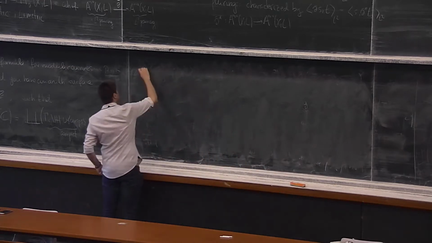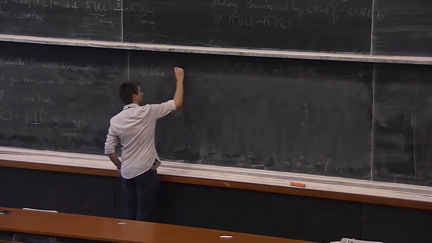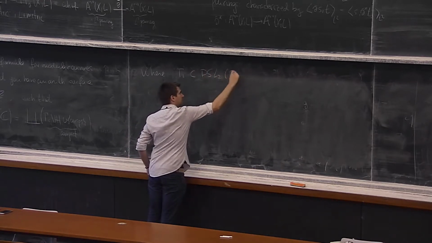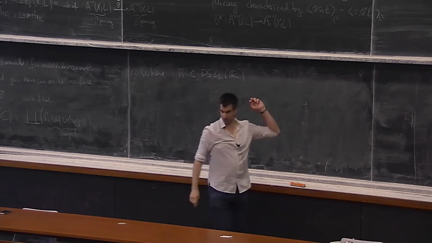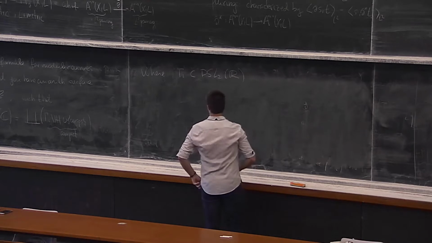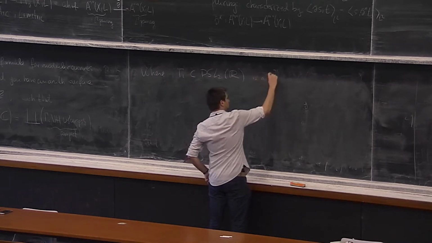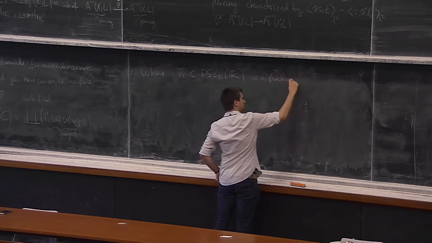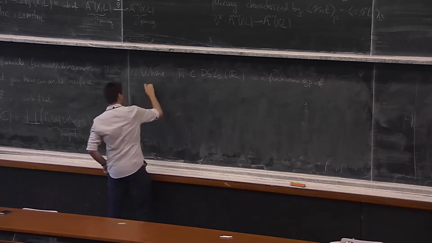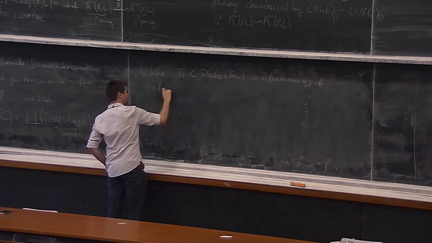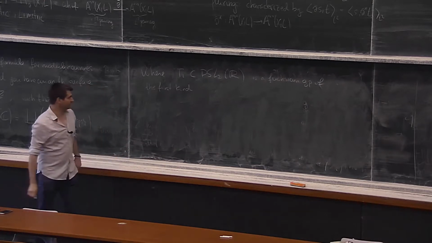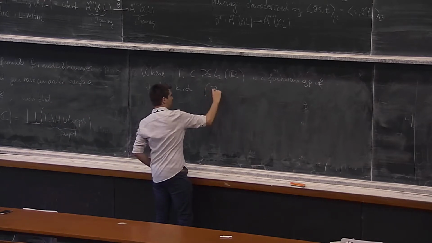I usually consider my groups in PSL2 of R because this is what the theory of Fuchsian groups does. And so it's a Fuchsian group of the first kind. So this means that gamma i is discrete.